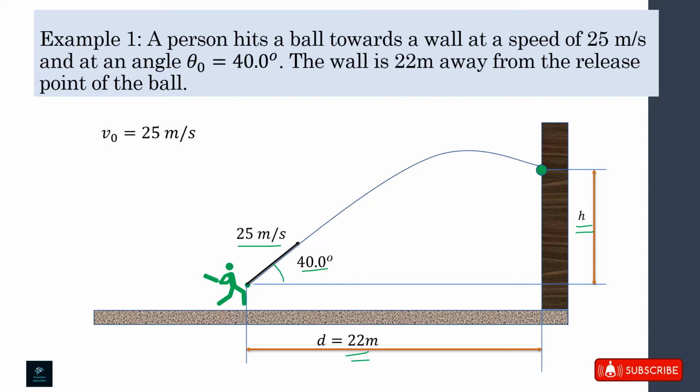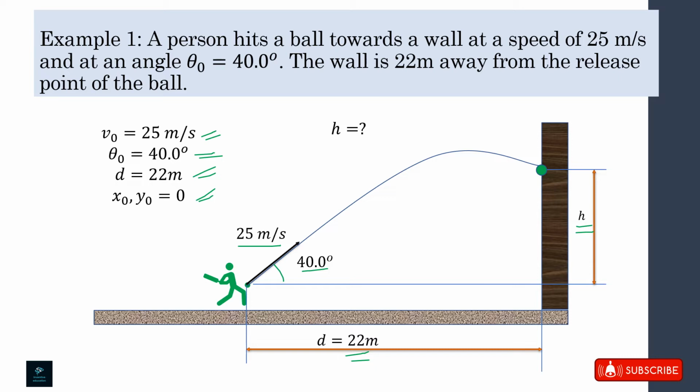Thus we are given that v0 equal to 25 meters per second, theta 0 equal to 40 degrees, and the distance from the release point of the ball to the wall is 22 meters. In this problem, we will assume that the initial coordinates of the ball, x0 and y0, are 0.